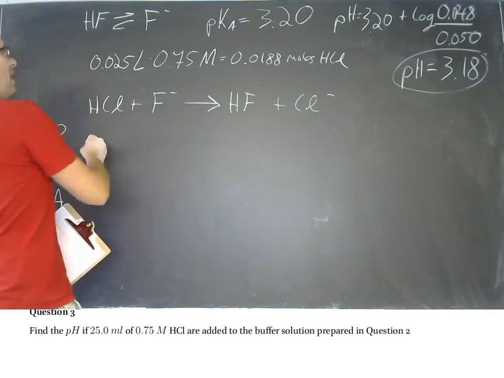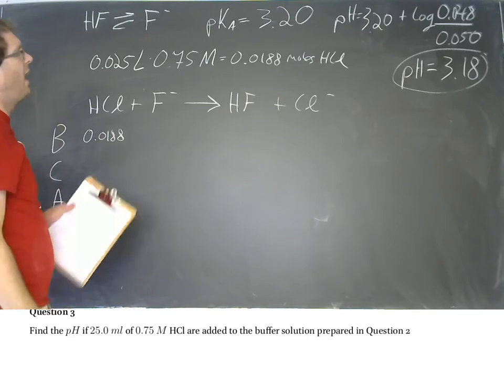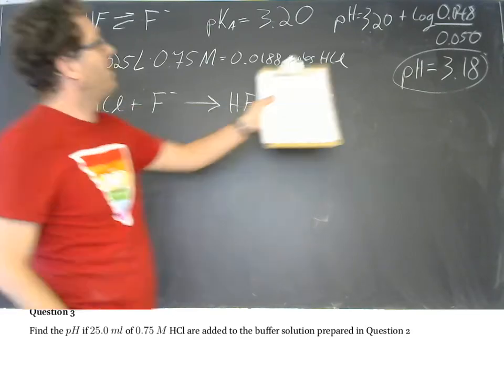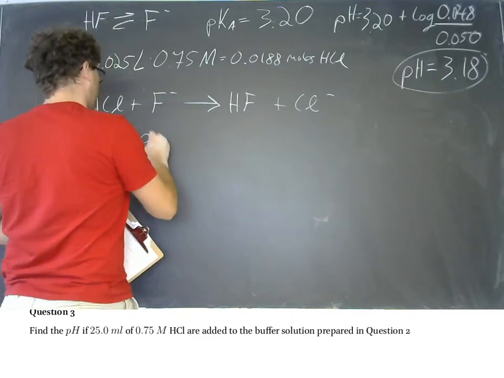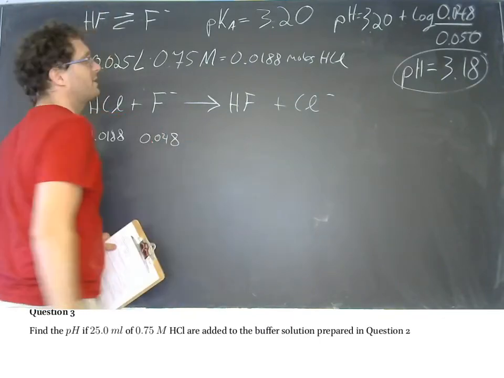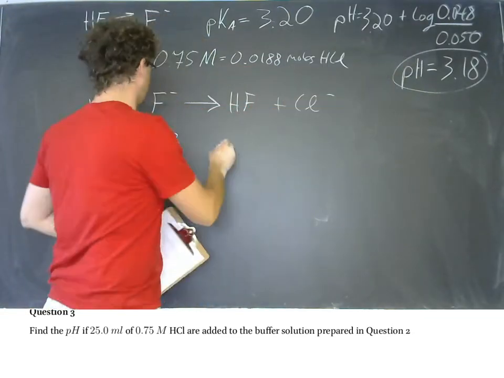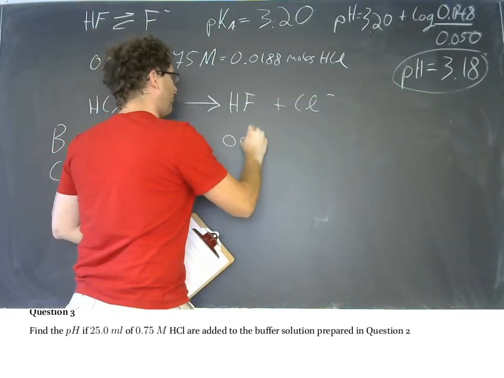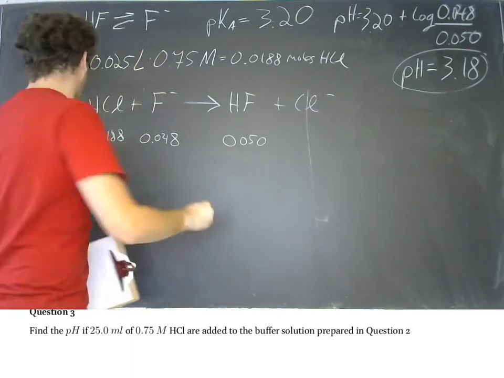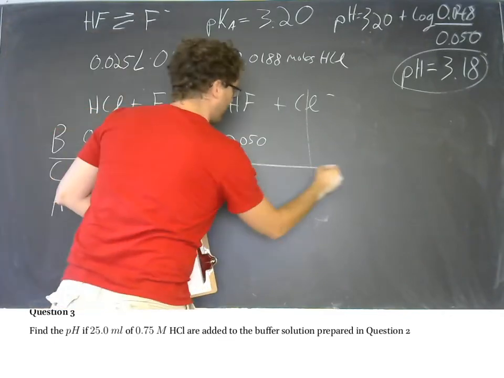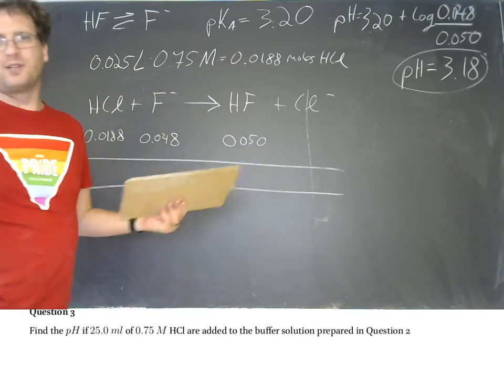So I'll put that in before, 0.0188. How much fluoride do we have? Well, that was the 48 millimoles, or 0.048. How many moles of hydrofluoric acid? That's the 0.050. And chloride I don't really care about, so I'm just going to draw a line through it because it's not actually relevant to this.